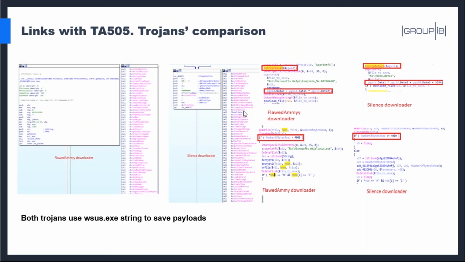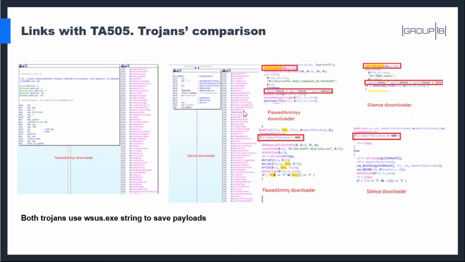Also, both of them use the same algorithm to generate the bot ID, depending on a GUID string. And both samples try to save payloads under the name wsus.exe.